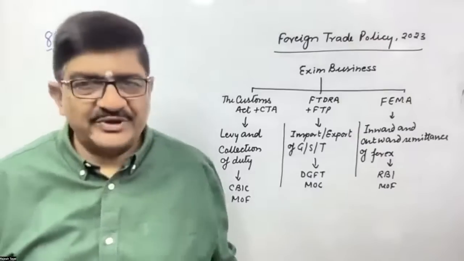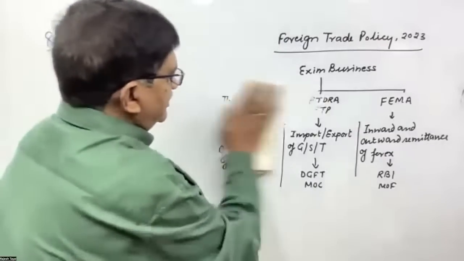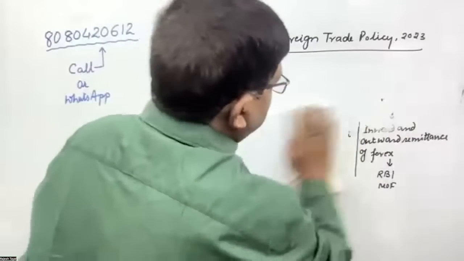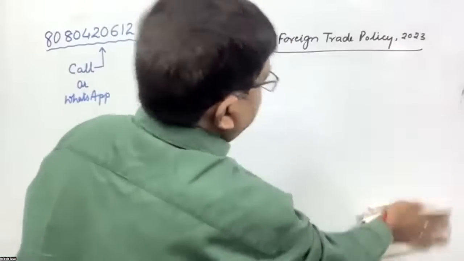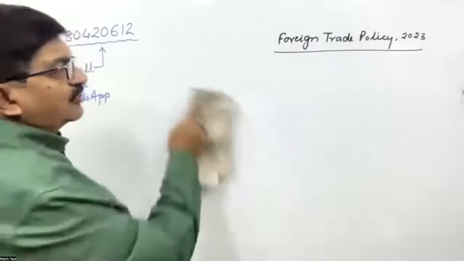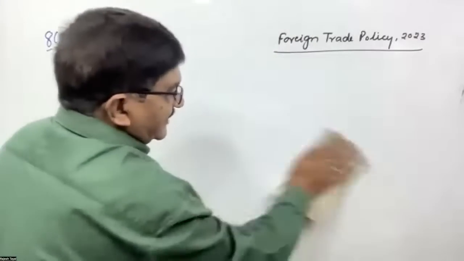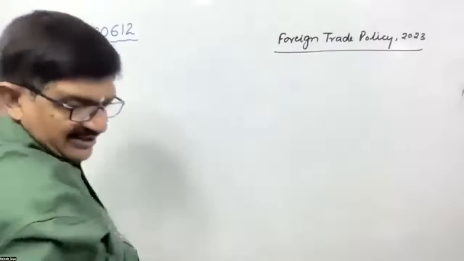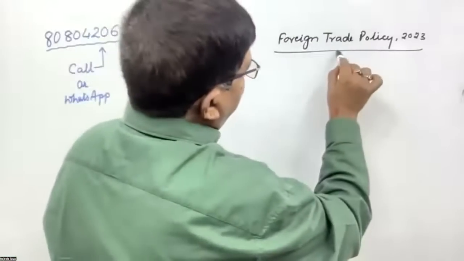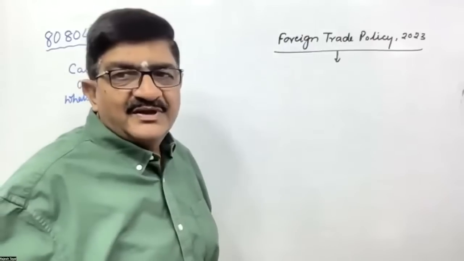Okay. Now the foreign trade policy. Who is authorized to frame the foreign trade policy? Central government. The central government is authorized to frame the foreign trade policy. Okay. And how it is authorized? What is the way of authorization? Under section 5 of FTDRA.